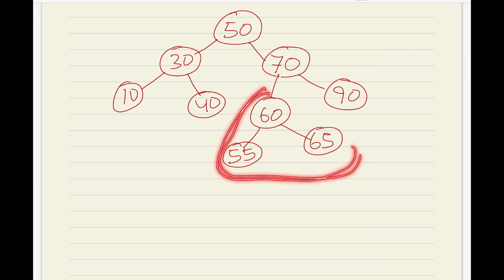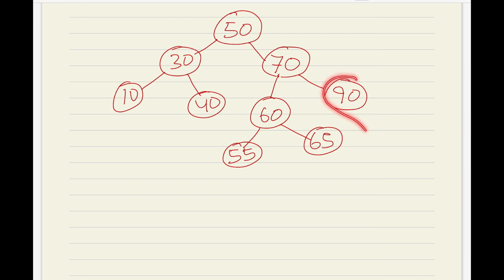The left subtree contains all the values that are smaller than 70, so find the maximum among them and replace 70 with that. Otherwise, the right subtree contains all the nodes that are greater than 70, so find the minimum here and replace 70 with that.